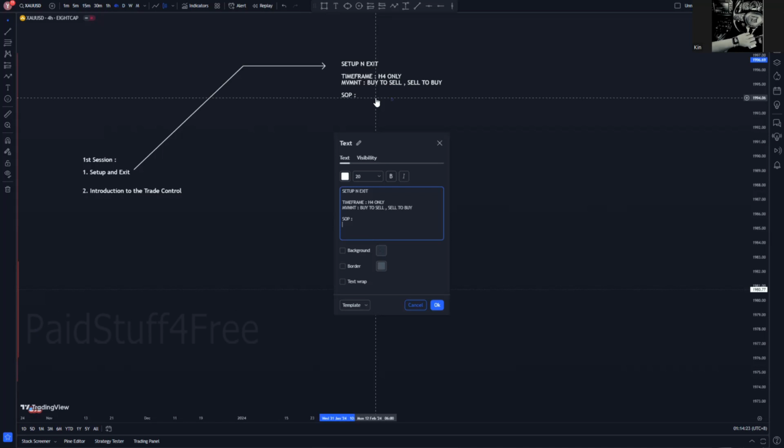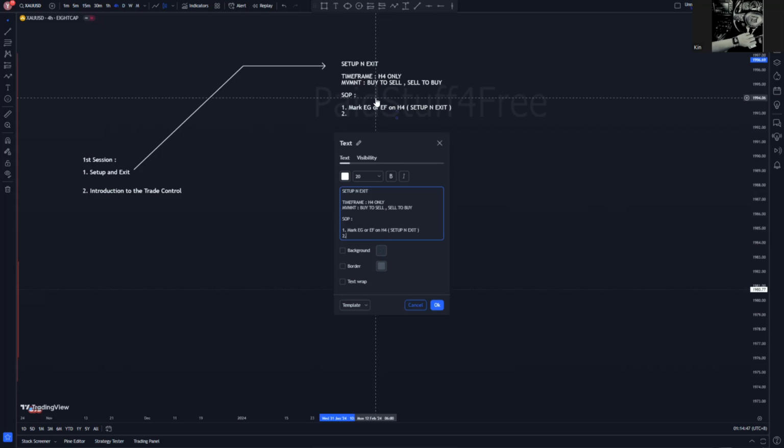So the first SOP, number one, we need to mark any EG or any EF on H4, whether it's for buy or for sell, as our setup and exit.